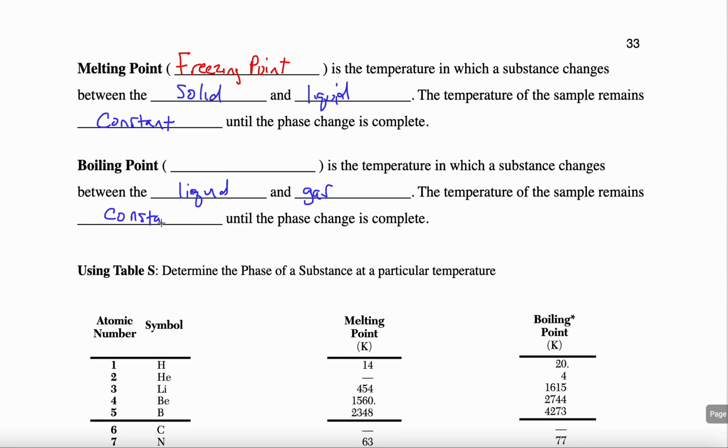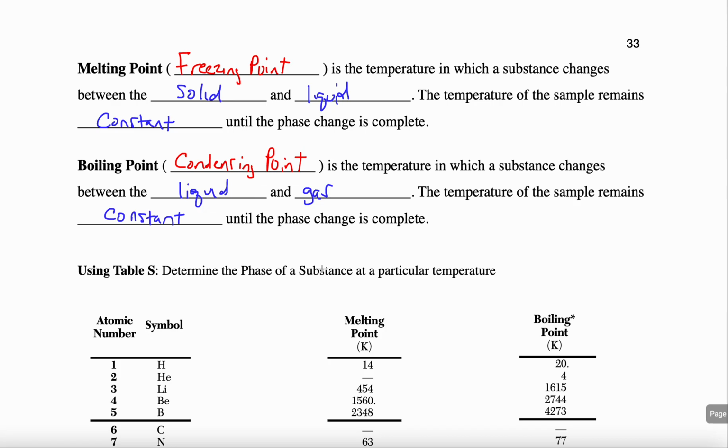The temperature does not increase or decrease during the phase change. The boiling point is also known as the condensing point. So boiling point and condensing point are the exact same temperature.